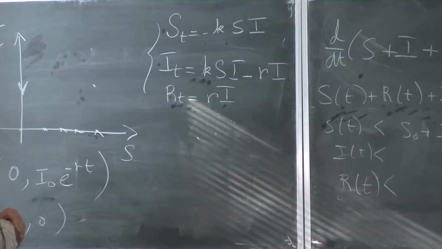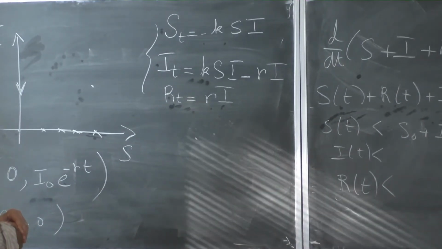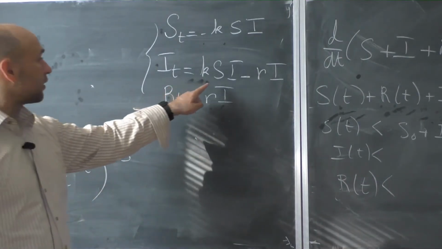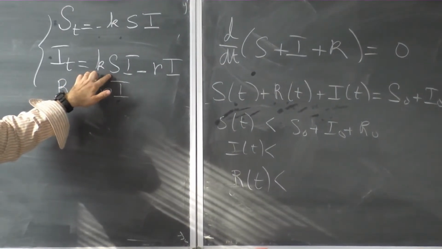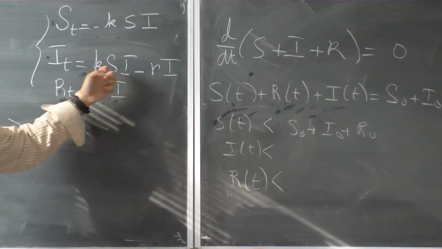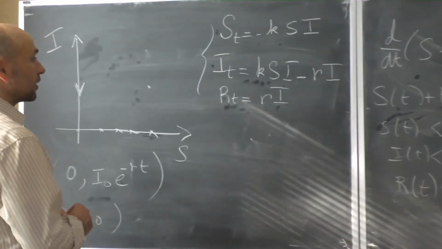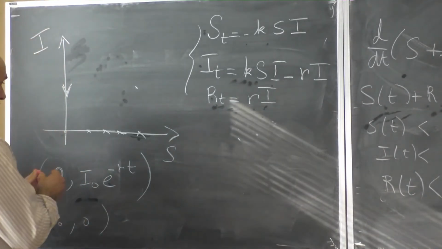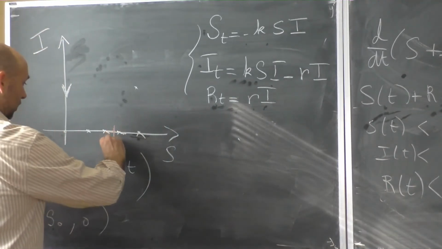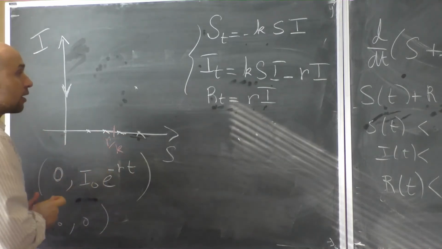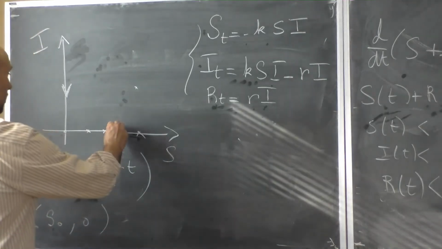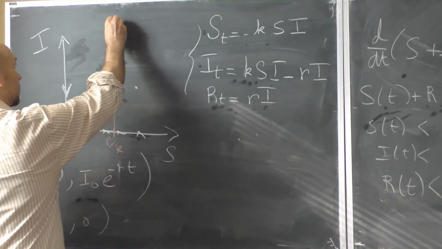So we have some parts of the theorem. I think it's useful here to put the null line here. So if I look here, when does this equal 0? So either I equals 0 or S equals R divided by K. So if, for example, here I choose R divided by K, well, this is a null line.